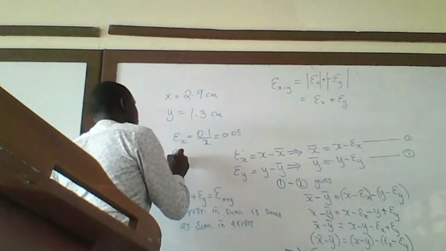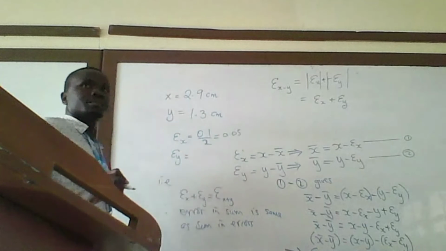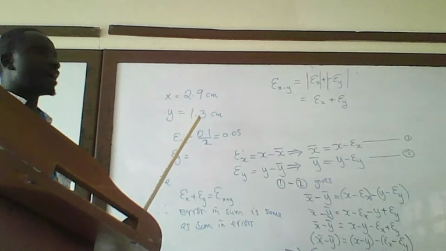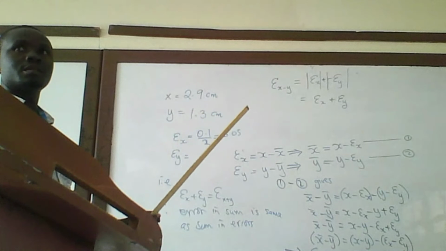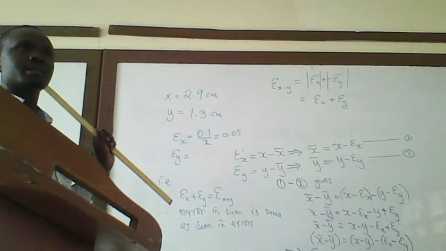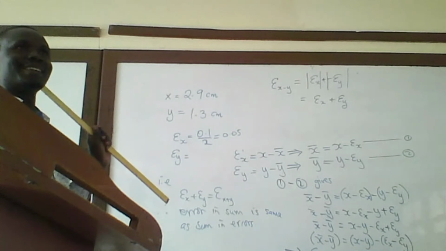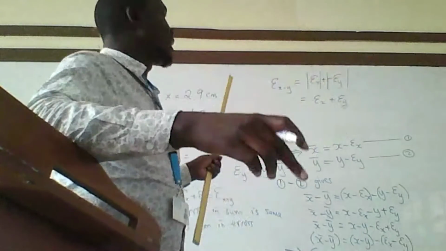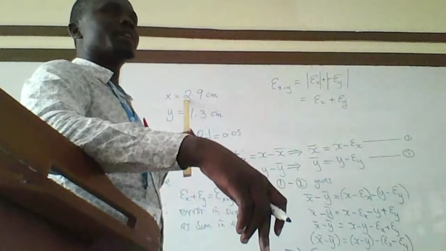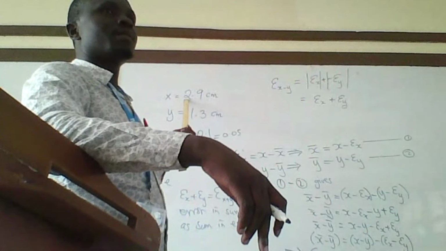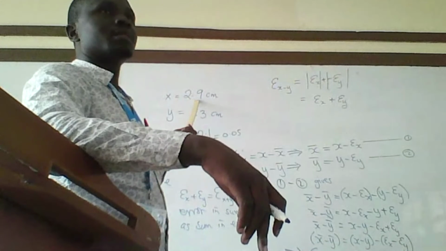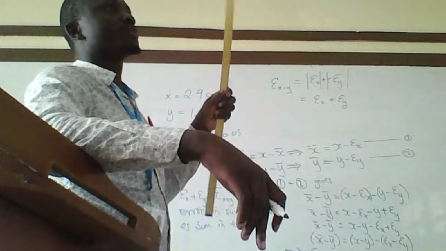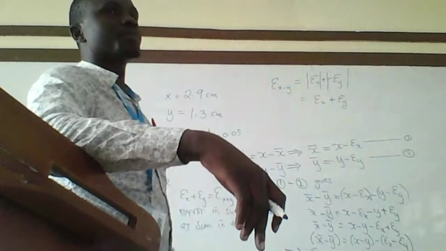Then what will be the error in y? This unit of measurement, we may have 1.3. This unit of measurement is determined by the number of decimal points. It's always 10 raised to the power negative m, where m is the number of decimal points.